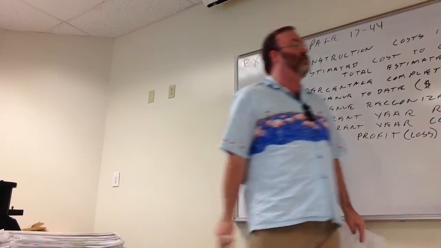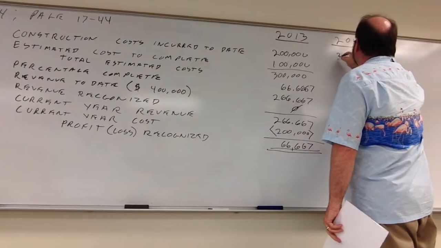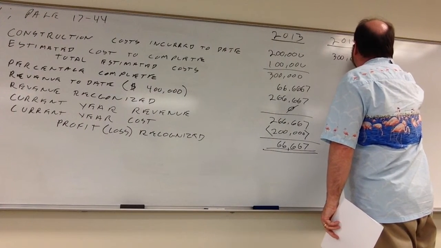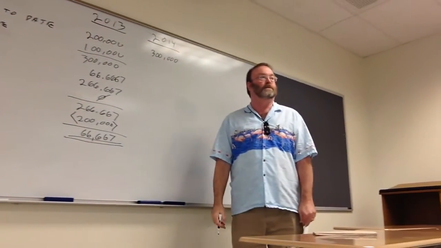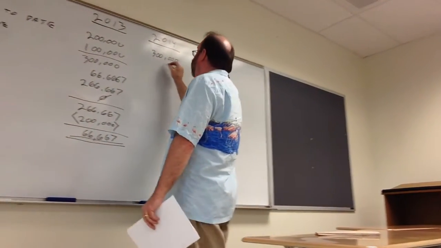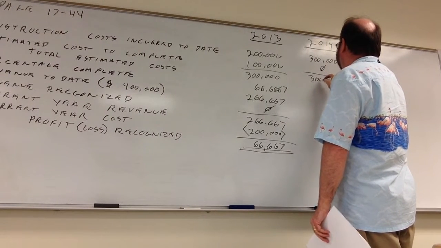The second year we finished the building, and on time and on budget. We finished the building, so there's 0 for estimate to complete. Total cost of $310.